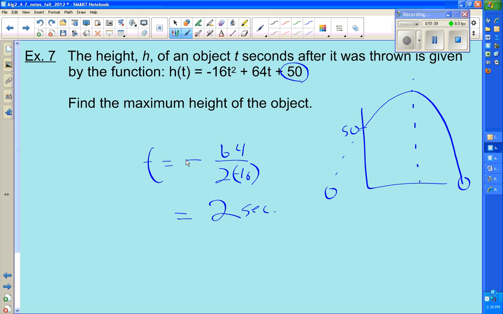They don't want to know how long it took. They want to know how high it got. Plug her back in. Take the 2, put it in for t. So h of 2 is what you're finding, the height after 2 seconds.